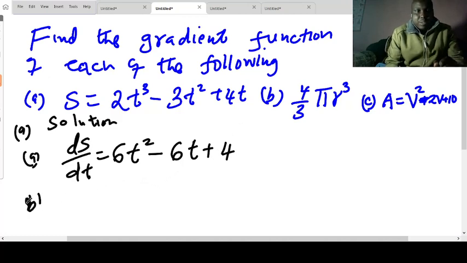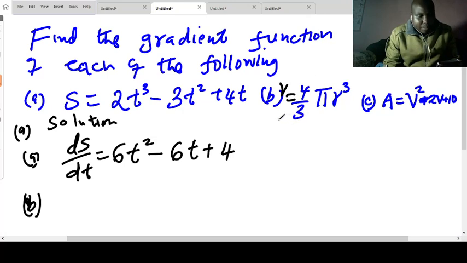The second one, B, we are going to differentiate. Oh, I have just copied wrong. It is V, sorry, this one is supposed to be V is equal to 4 over 3 pi r cube.